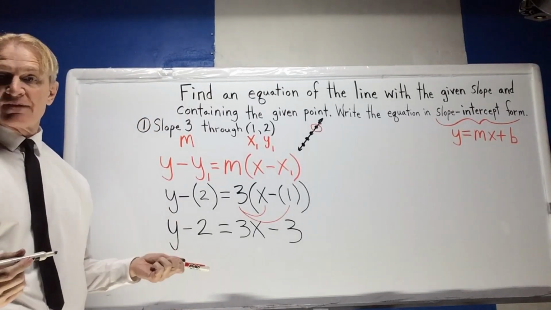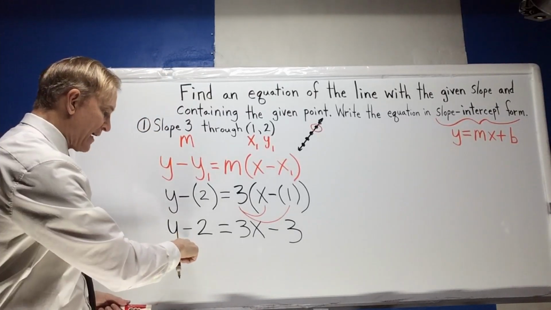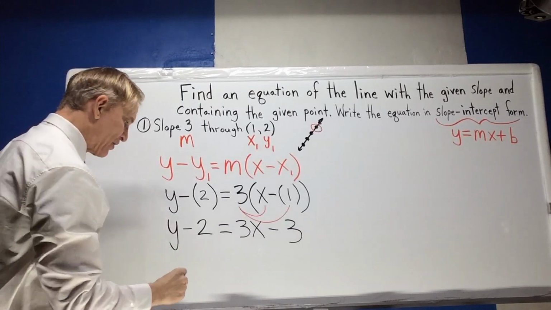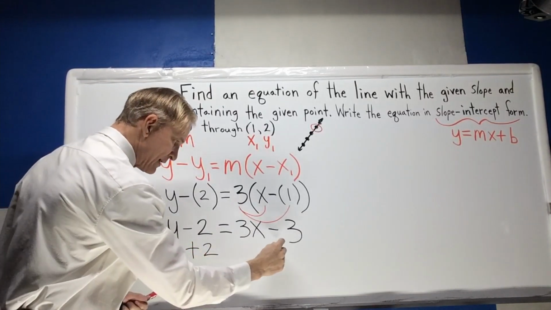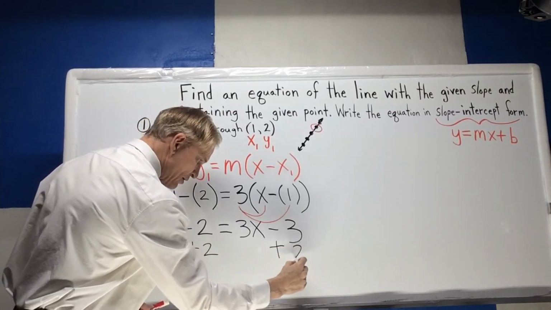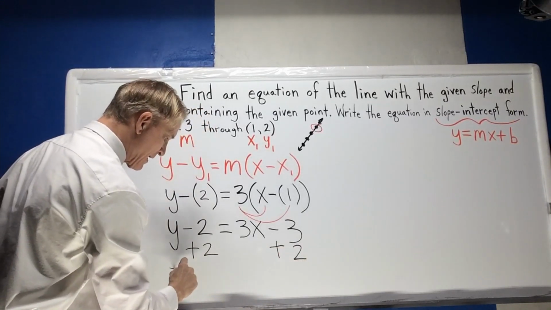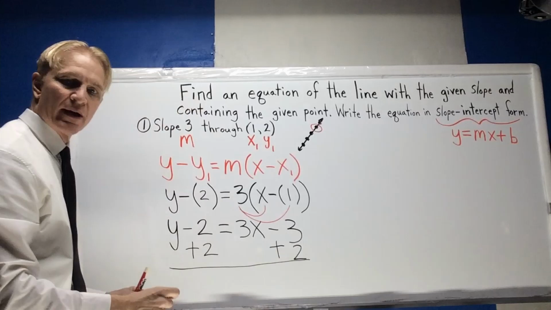Now all that's left to do is add 2 to both sides. So I'm going to add 2, add 2. And here we are here.